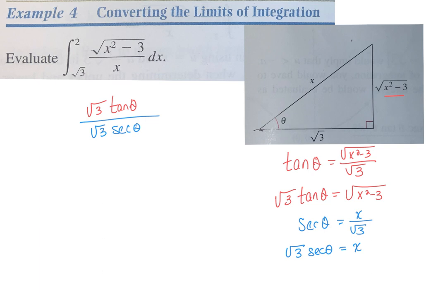And as always, I do still need to replace my dx, so I need to take the derivative of this. The derivative of my secant is going to be my secant tangent. And I can then replace my dx with all of that.